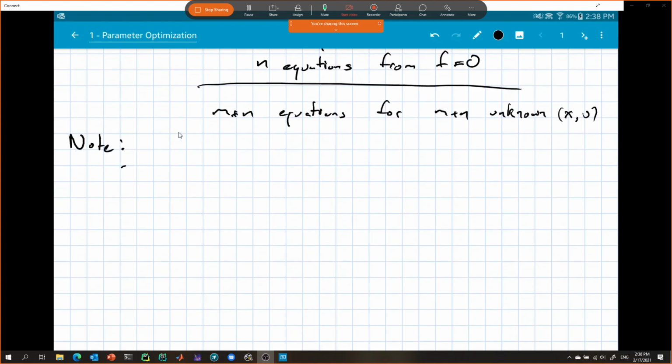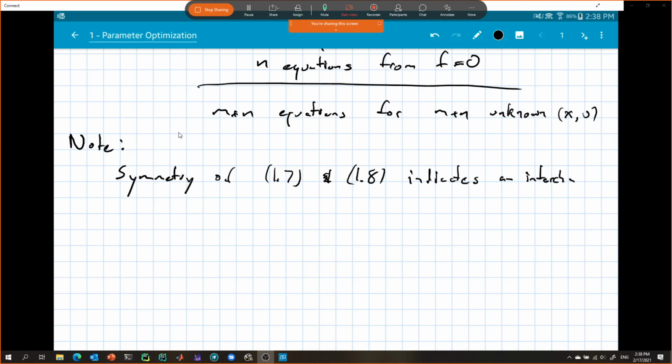So this actually implies something. So this indicates that we can interchange.